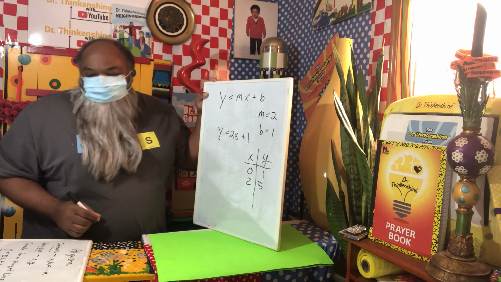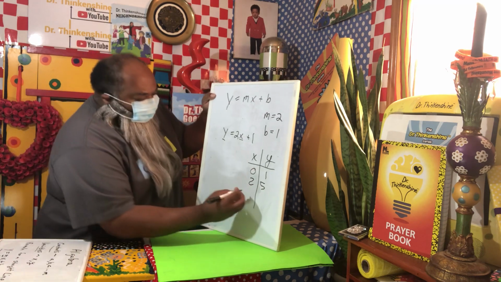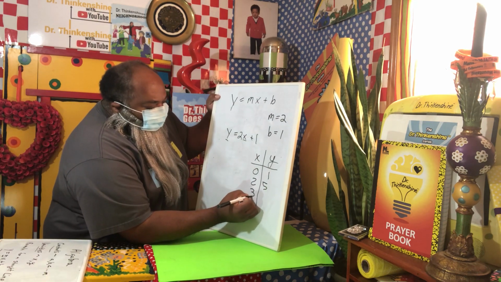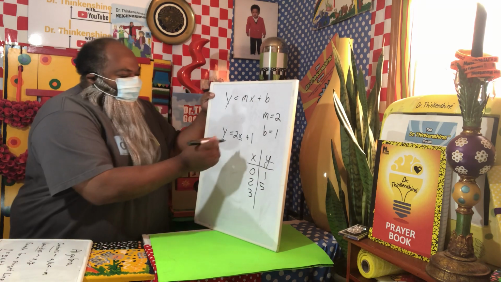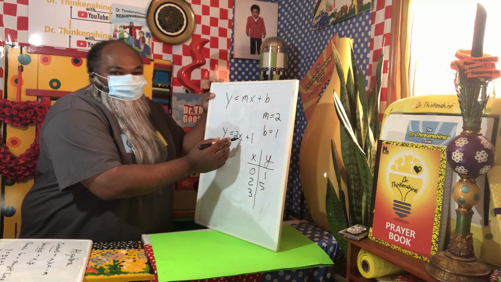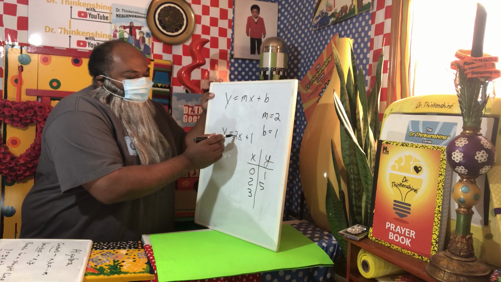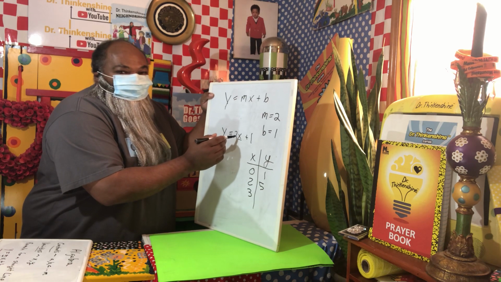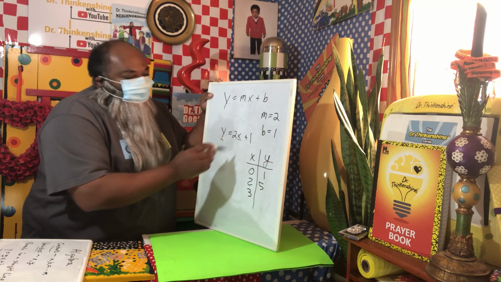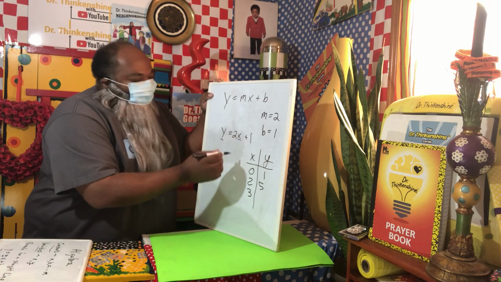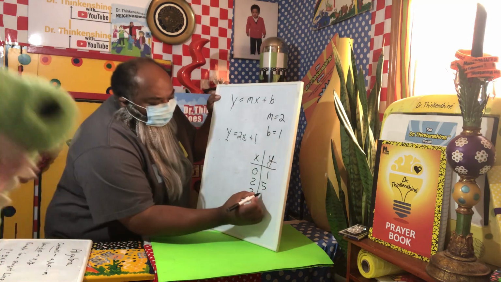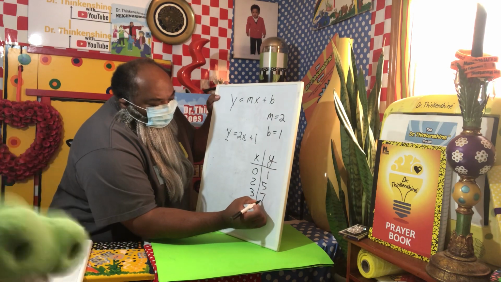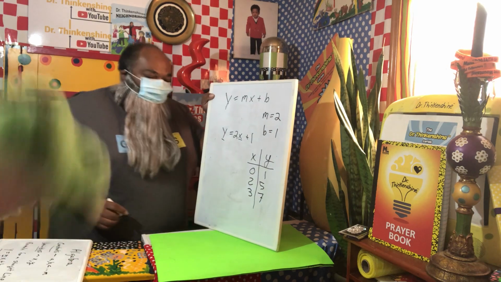And we're just going to throw one more in for good measure. Let's put 3 in. If we put 3 in for x, 2 times 3 is 6 plus 1. It's 7. So y equals 7.